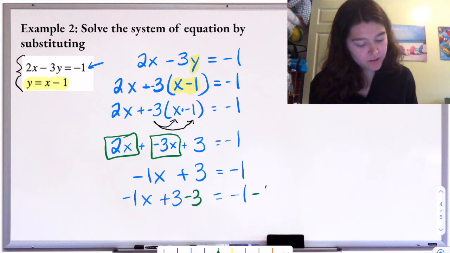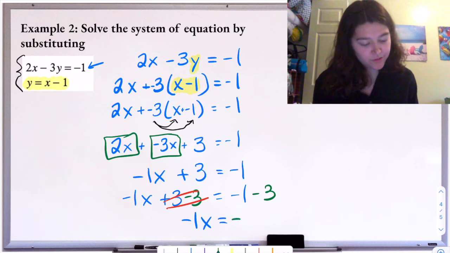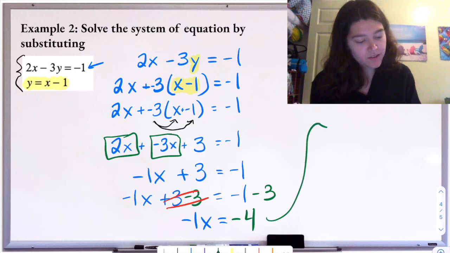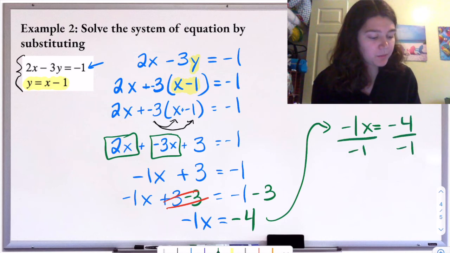Subtracting 3. And on my left-hand side, I will get negative 1x equals negative 1 minus 3, that is negative 4. Thus, x is being multiplied by negative 1. We can undo that by dividing by negative 1, and we will get positive 4.